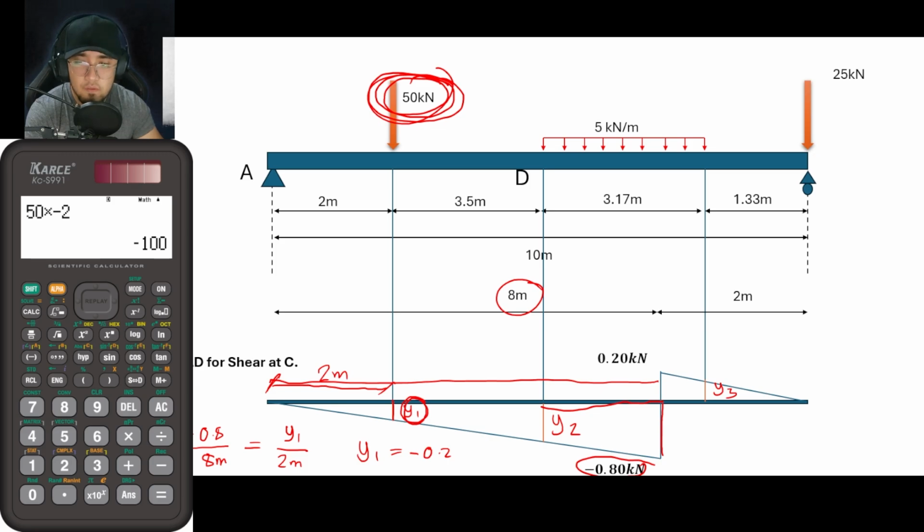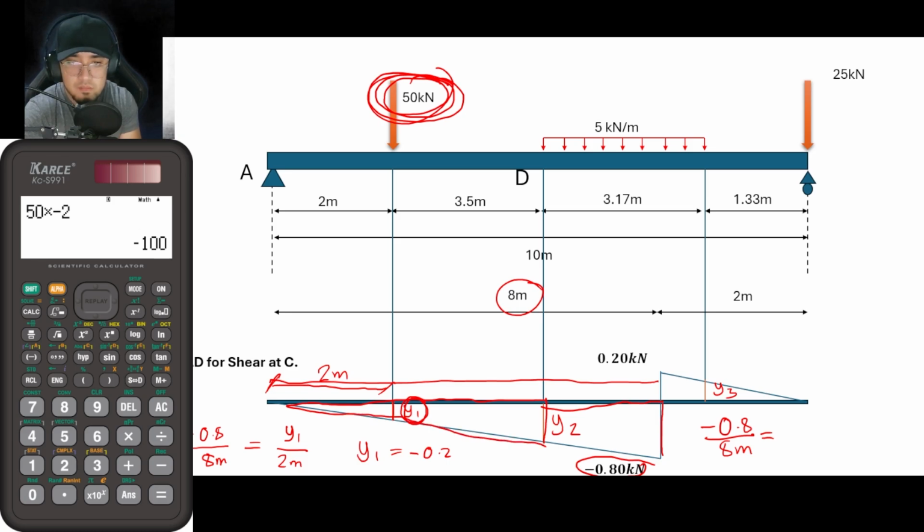Okay, so for the value of y2, same old, the slope of the bigger triangle is equal to the slope of the smaller triangle. So for the smaller triangle, which is this part here, its vertical component is y2 divided by, for its horizontal distance, it is not just 3.5, okay?